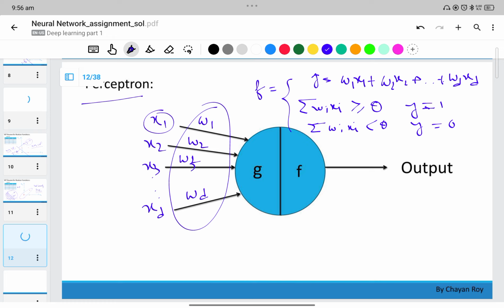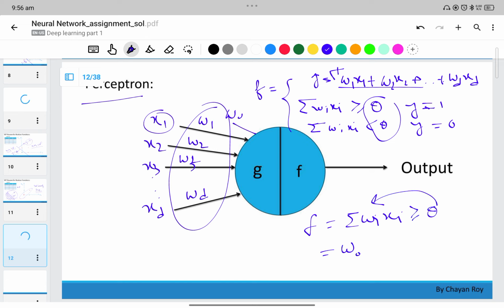So let's say we have a constant here also, that will be w0. So f equals to the summation over wi xi greater than or equal to theta. If we take theta to this side, we can say theta is w0.